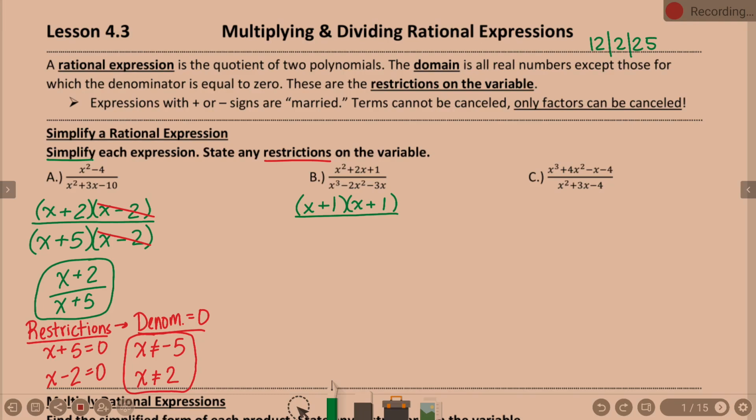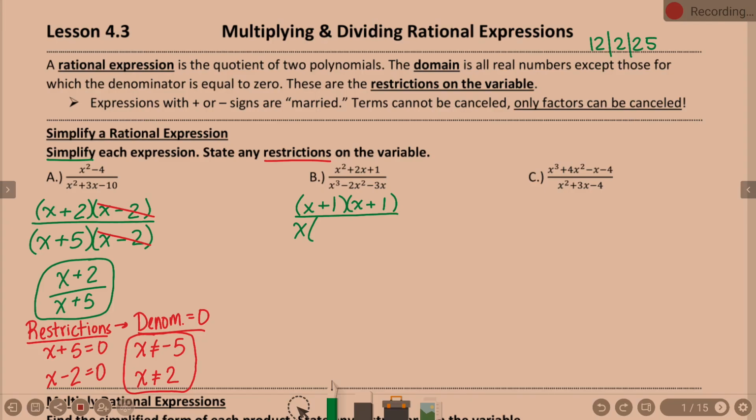Okay, what about this denominator? Okay, GCF, right? This does not go straight into two parentheses. It might happen here in a moment, but it doesn't go straight in there because we start with an x cubed, we have an x squared, and an x term. So let's factor out GCF. All terms have an x in common, so we're going to put the x out front.